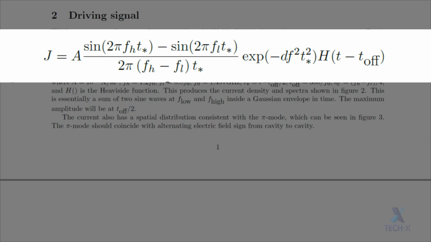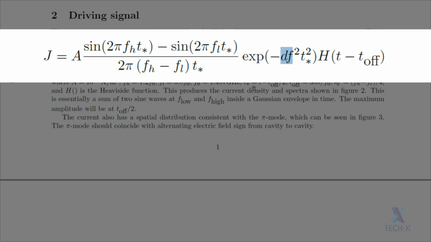And then we normalize them, and we have this Gaussian envelope in time that is a function of t, but also we can see then this df is 1 over sigma of that Gaussian.